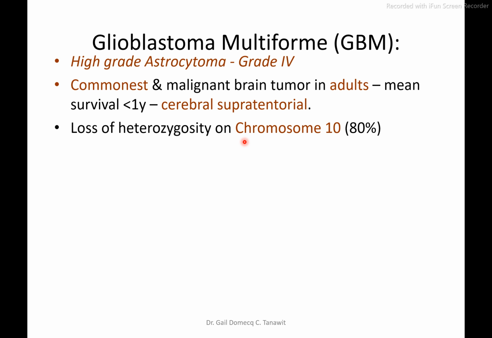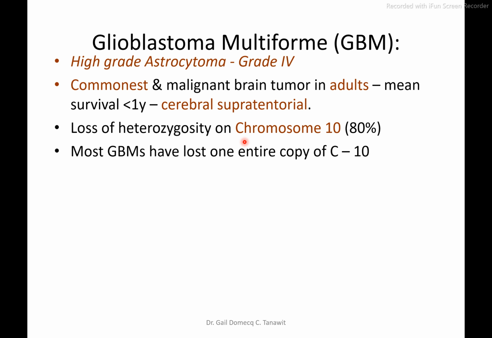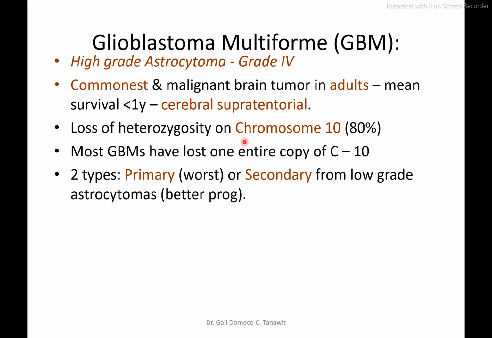There will be a loss of heterozygosity of chromosome 10, 80% of which, most GBMs have lost one entire copy of chromosome 10. There are two types, a primary or secondary. Secondary, ito yung galing sa astrocytoma na mutate, it has a better prognosis as opposed to the de novo GBM.